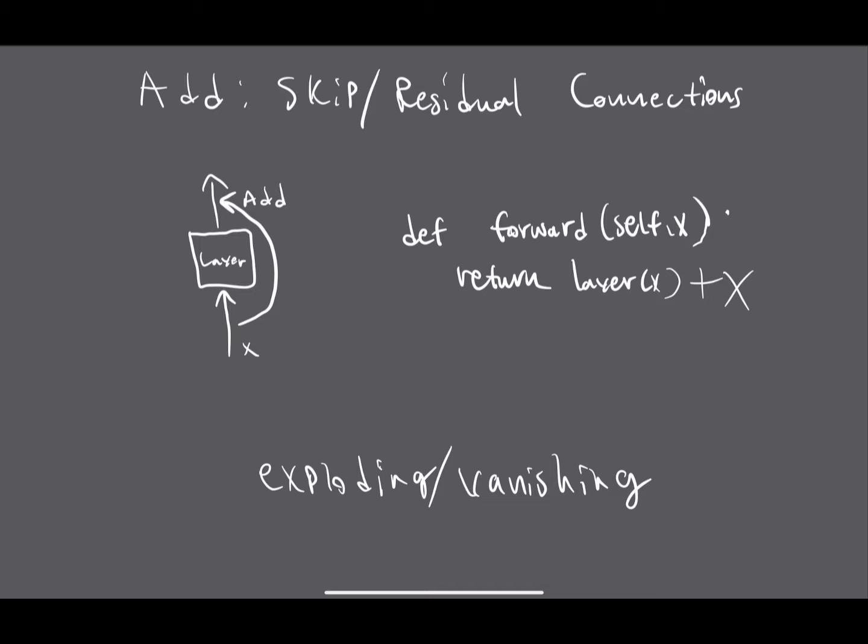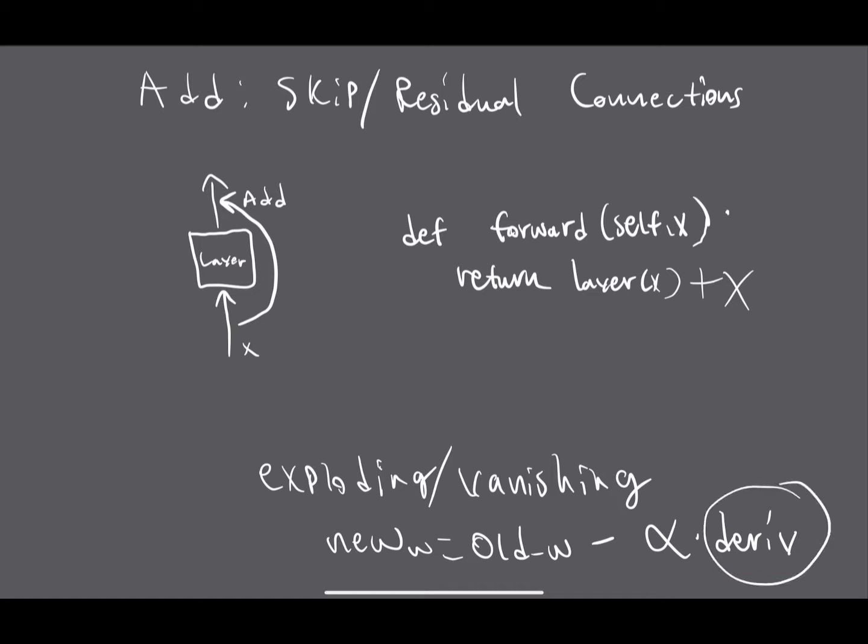And if we recall our update rule for gradient descent, we know that for any weight or parameter in a neural network, the new weight is actually just equal to the old weight minus alpha, the learning rate, times the value of the derivative or gradient. And if this derivative value is too small, if it's vanishing and going basically to zero, then this term is basically going to zero, and the new weight is almost the same as the old weight. So we're not able to update the parameter at all.